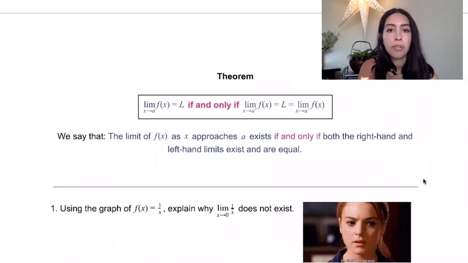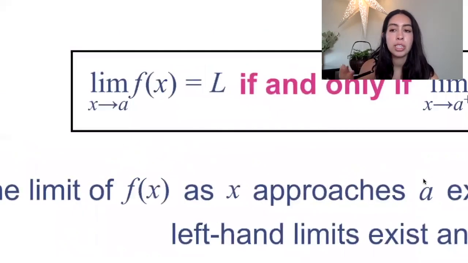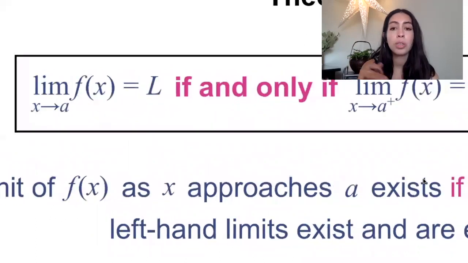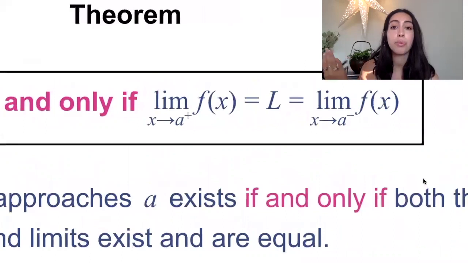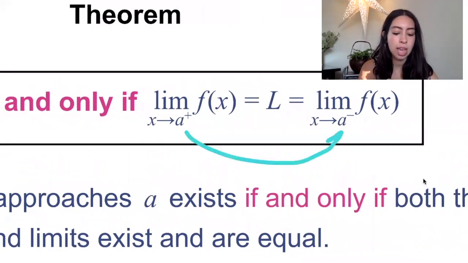So let's talk about our first theorem here. Our theorem states that the limit as x approaches a, and a is some x value, of f of x is equal to L, so L is some y value, if and only if the limit as x approaches a from the right side of f of x is equal to the limit as x approaches a from the left side of f of x.